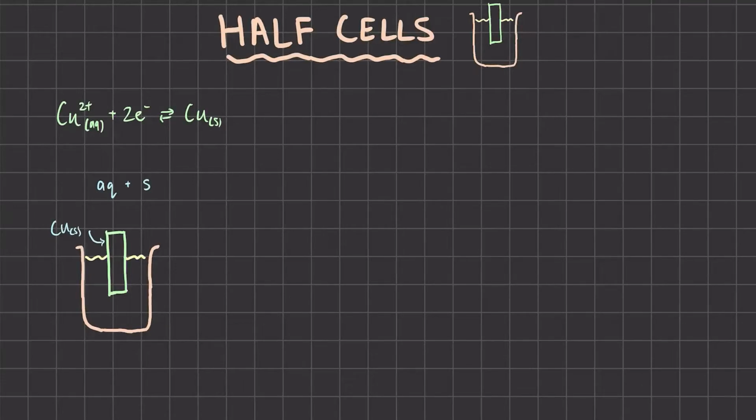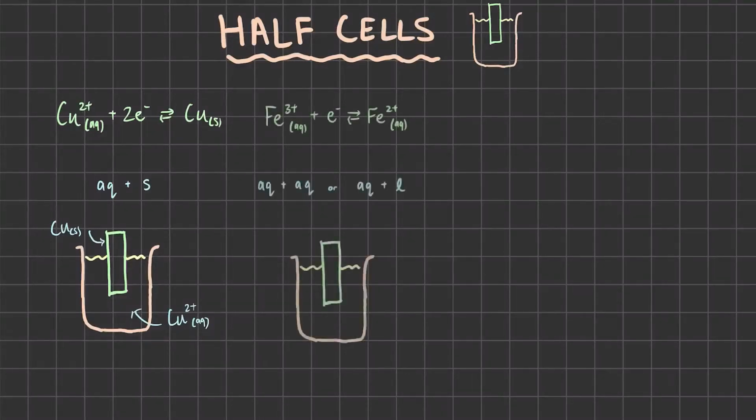So in this case, it's copper solid. And the surrounding solution must contain the aqueous metal. So in this case, it's copper 2 plus. And the reason we need both of these is because we want the flexibility for this reaction to move in both directions.